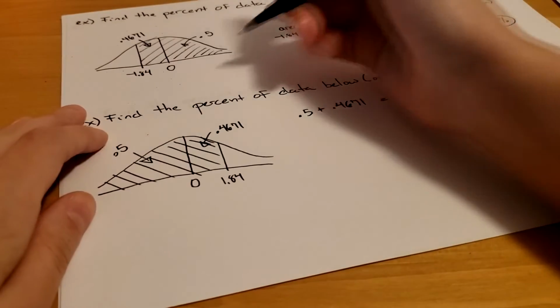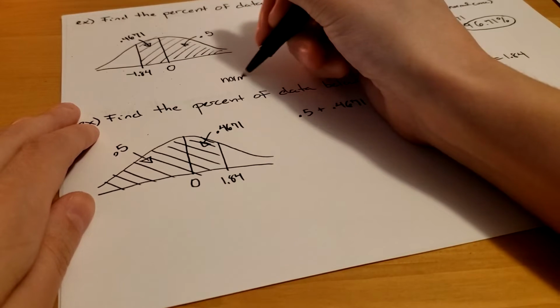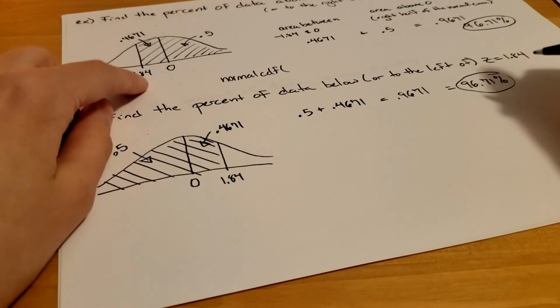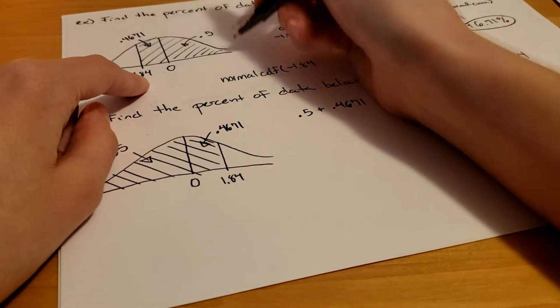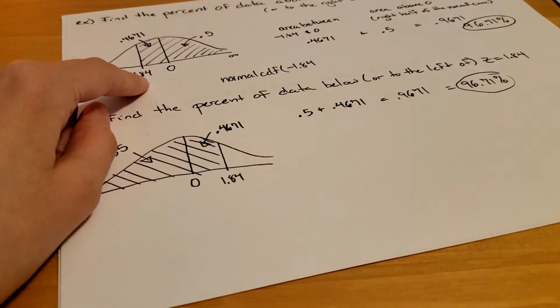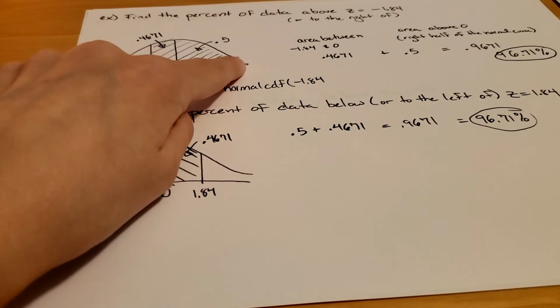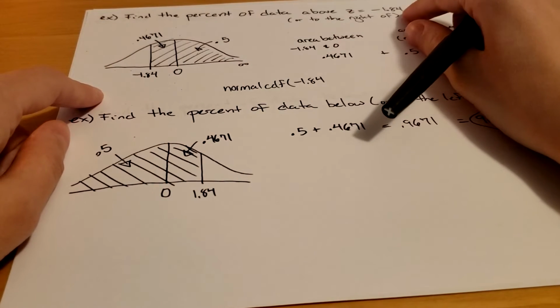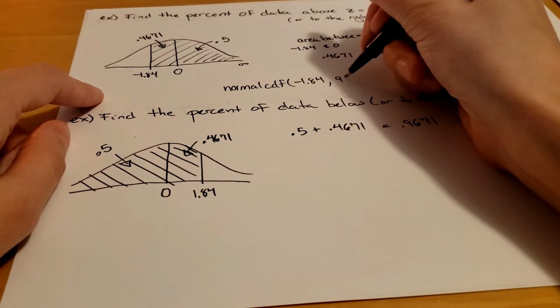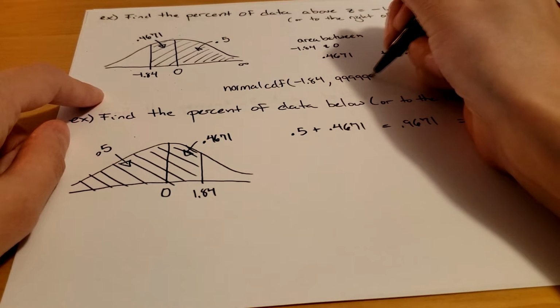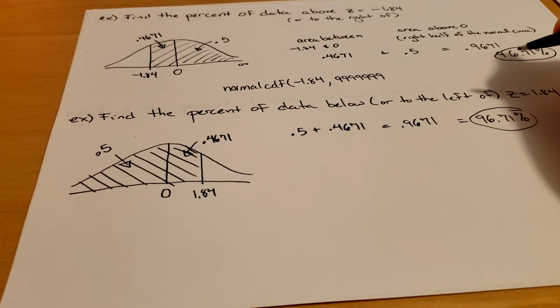So what we would put in over here, normal CDF, our lower limit in this case is going to be negative 1.84. But here we're going off towards positive infinity. We don't have any number that we hit here. We just want to know everything above negative 1.84, which goes to infinity. So instead of infinity, we're going to put in a bunch of 9s. You can have a field day, put in as many as you want.